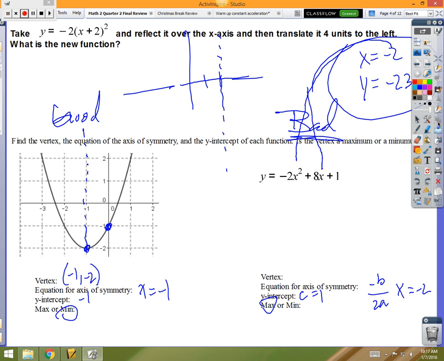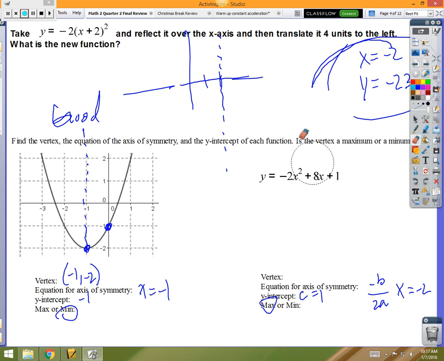Alright. So your x should be a positive 2, because your line of symmetry, I don't know why I got a negative there, is at a negative 8 divided by a negative 4, which is positive 2. So now I'm plugging a positive 2 into there.